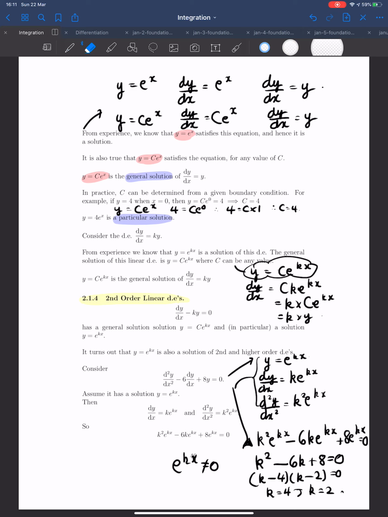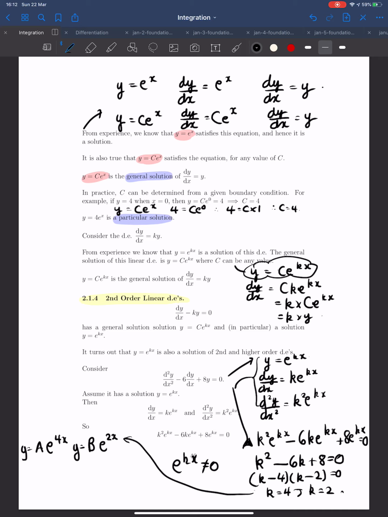And so moving on, we've got y is e to the 4x and y is e to the power 2x, which are both solutions. But like before, we can actually say y equals a e to the 4x and y equals b e to the 2x are the two solutions.